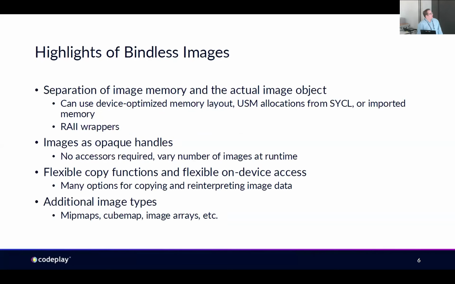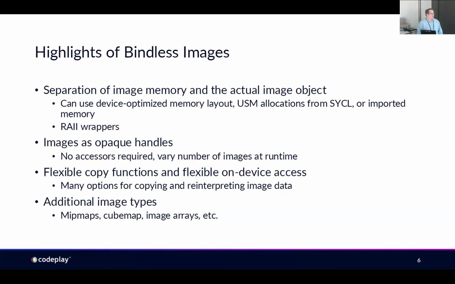Bindless images allow you to separate the image memory and the actual image object. You can use device-optimized layouts, USM allocation from SYCL, or of course import memory, as well as adding wrappers. Images are stored as opaque handles, which most of the time are just integers.